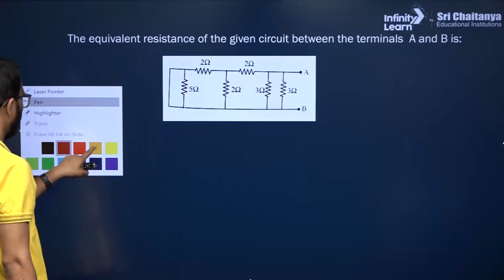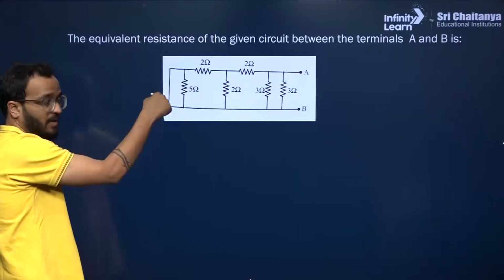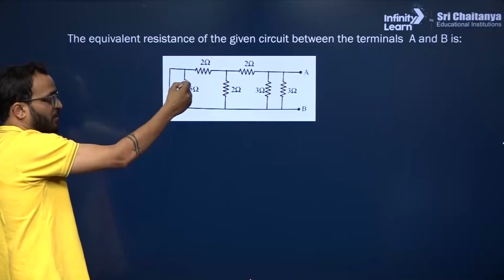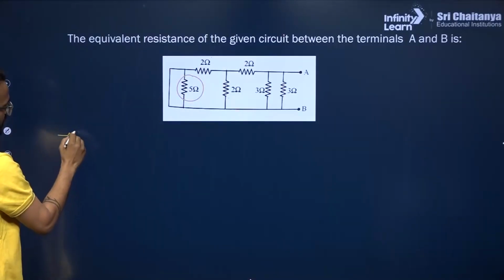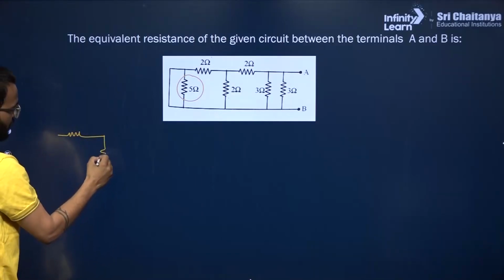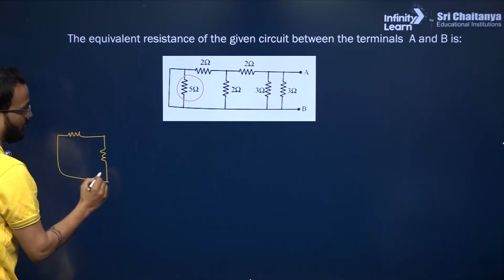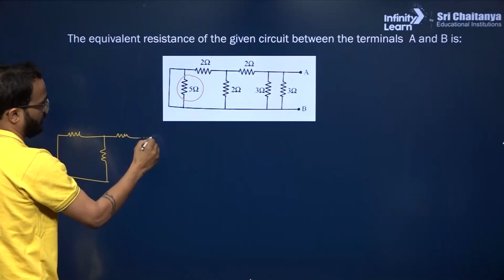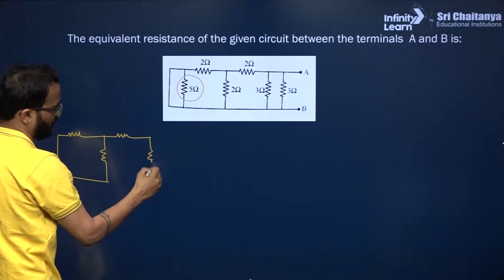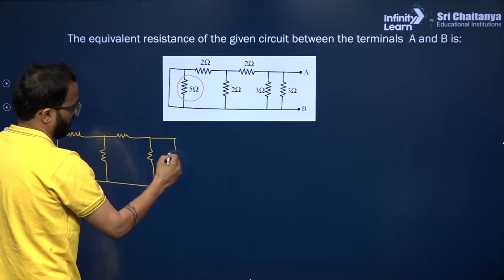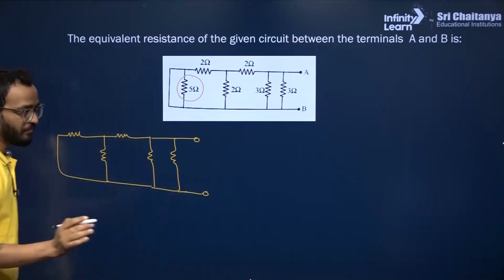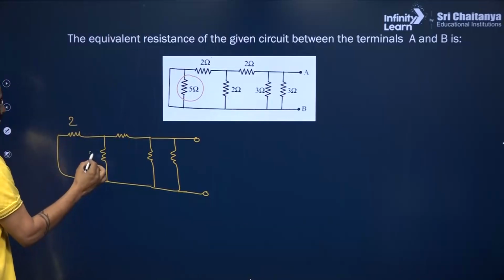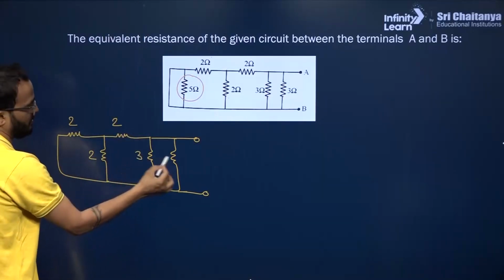Okay, see the thing is this particular branch is useless, right. So it becomes like this. Now see, this is 2, this is 2 and this is 2, this is 3, this is 3.